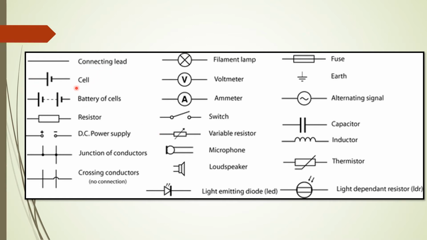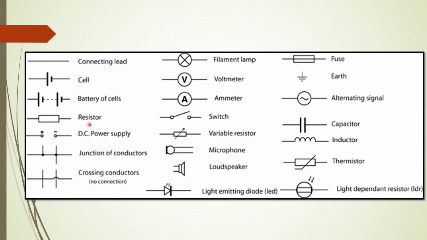This is a cell, and this is a battery of cells. A cell has only a positive and a negative terminal. In the case of a battery, we consider a combination of two or three cells. So this is one cell, and this is two cells, which is a battery of cells.